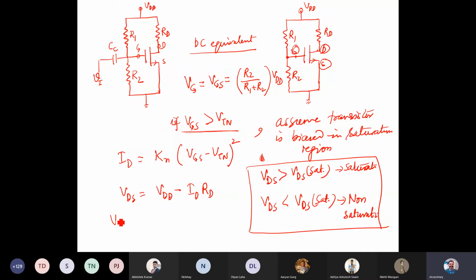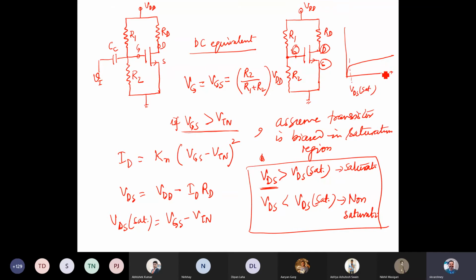The VDS saturation voltage is your VGS minus VTN, right? So if the VDS we obtain from the analysis comes out larger than VDS saturation, we simply say the transistor is in saturation. This point is your VDS saturation.